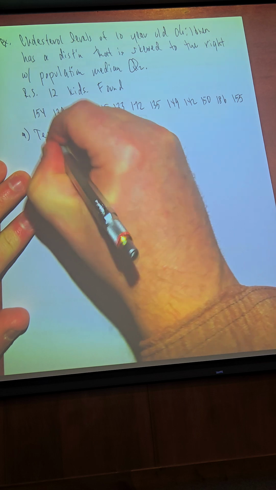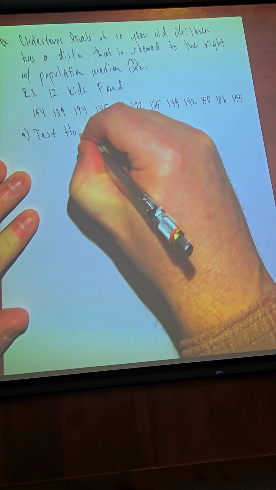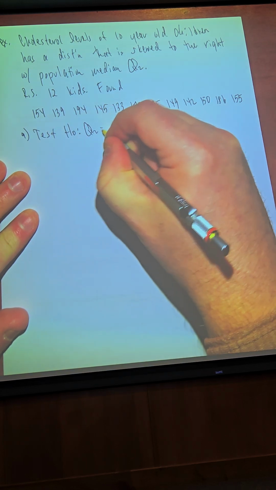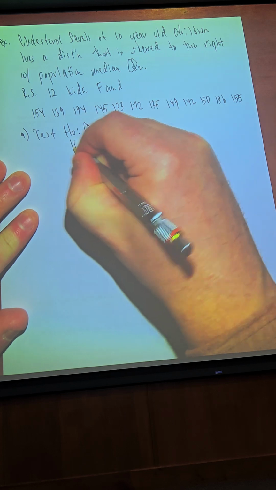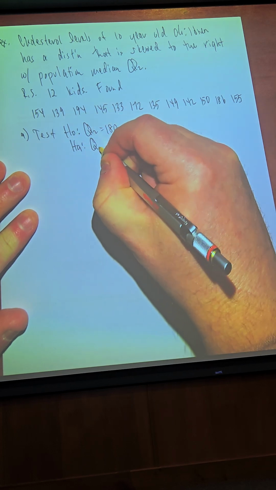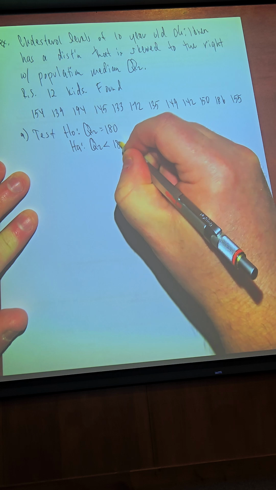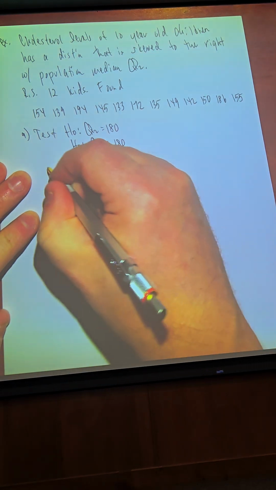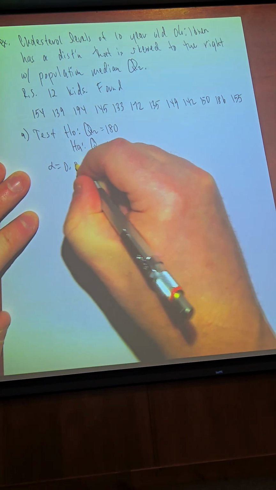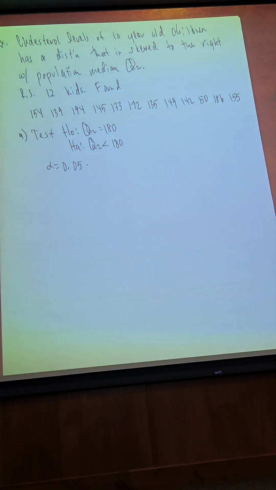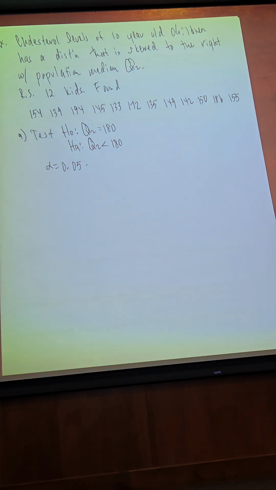So let's test the null hypothesis that the median cholesterol, Q2, is 180, versus the alternative, Q2 is less than 180. Okay? Alpha's 0.05. Okay, let's test that.